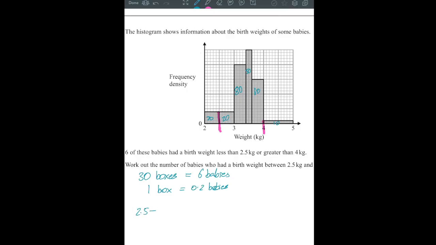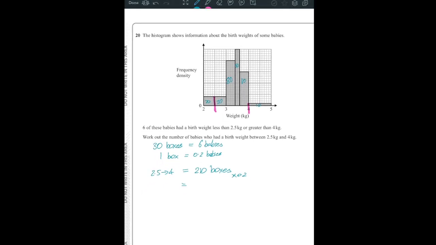So from 2.5 to 4, we have 20 plus 80 plus 50 plus 60, 210 boxes, which if we times that by 0.2, the conversion between boxes and babies, that gives us 42 babies in the region that the question wanted.